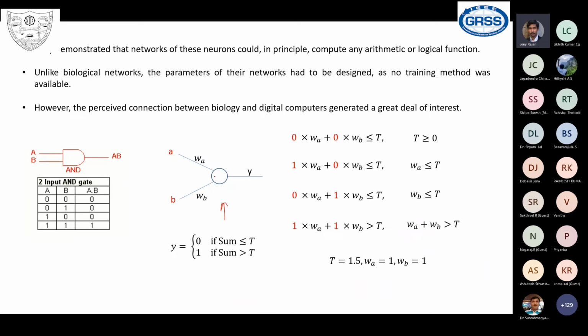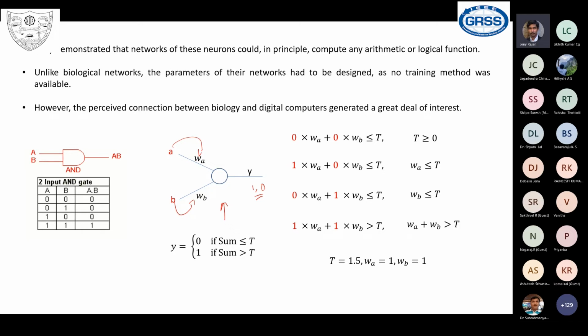This neuron will take 2 inputs, A and B. Associated with A is the weight WA, and assume that the weight of B is WB. Then we will compute the weighted sum, and based on the strength of this weighted sum, the neuron has to fire. The expected output is 1 or 0. A and B can take the value 1 and 0.